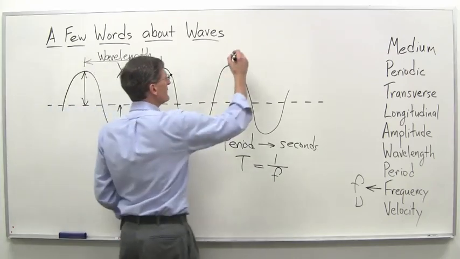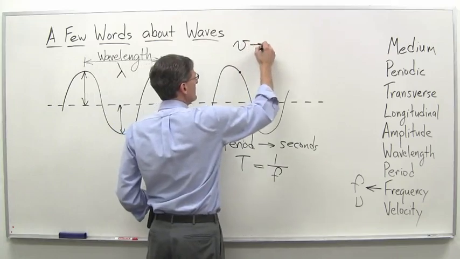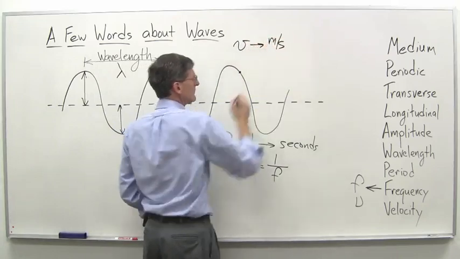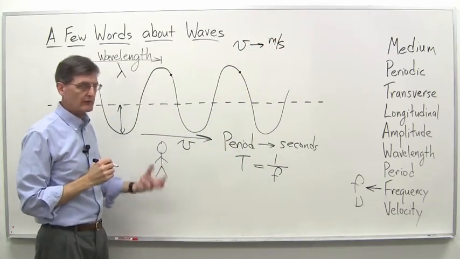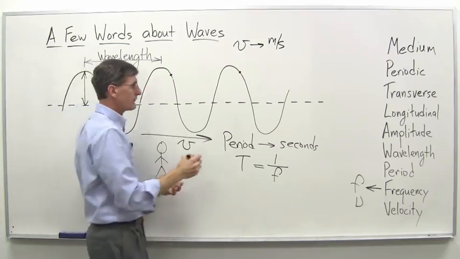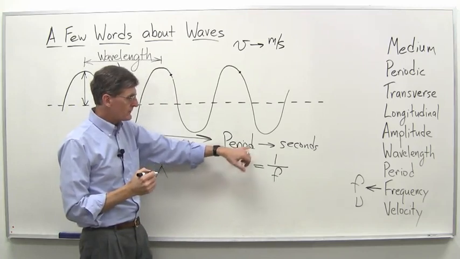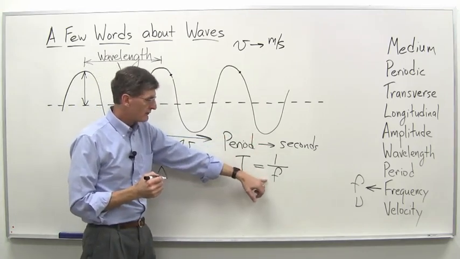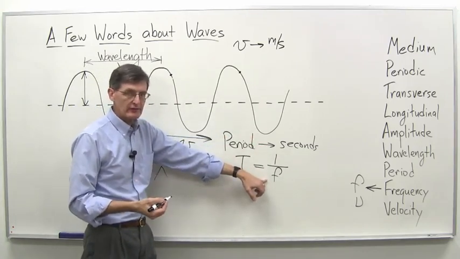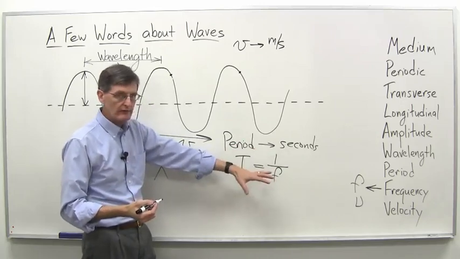Velocity, I know, is in meters per second for our units, a length divided by a time. Frequency, note that if period is in seconds, frequency has to be inverse seconds, because they're inverse concepts.